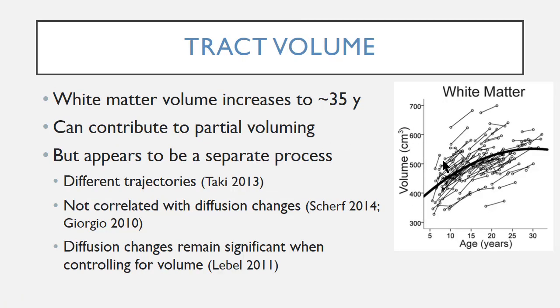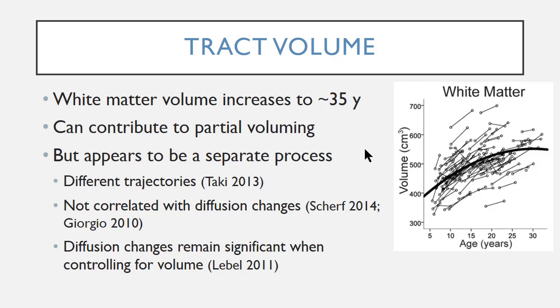And finally, tract volume. White matter volume increases to about age 35, and this can contribute to partial voluming effects, because if you have a smaller tract, partial voluming on the edges is a larger proportion of the tract than in a large tract, where partial voluming is not going to contribute as much. So partial voluming would lower your FA values, and if tract volume goes up, you would see an increase in FA.